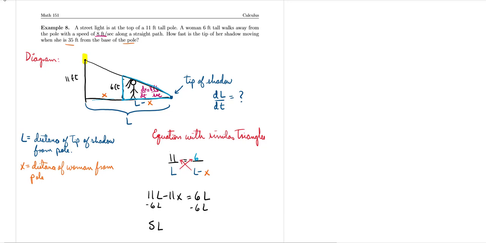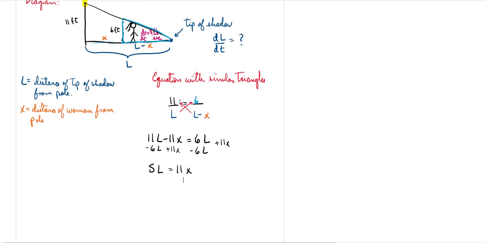So that's 5L. I'm going to add 11X to both sides. So we have 5L equals 11X. Now we can divide by 5. So it looks like L equals 11/5 X. And there we go. We have our equation right here.